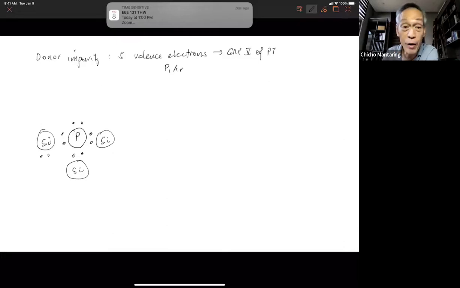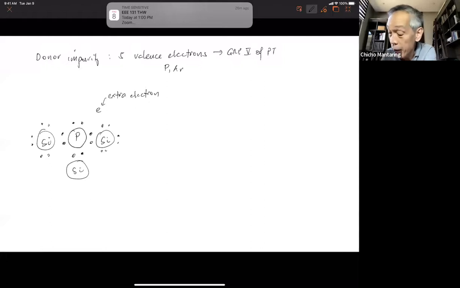But after sharing 4 electrons, meron pa siyang isang extra. There's an extra electron. That is after it manages to share 4 of its electrons.